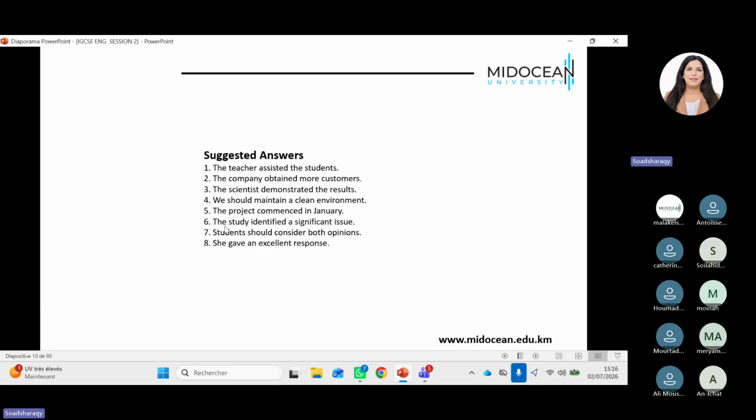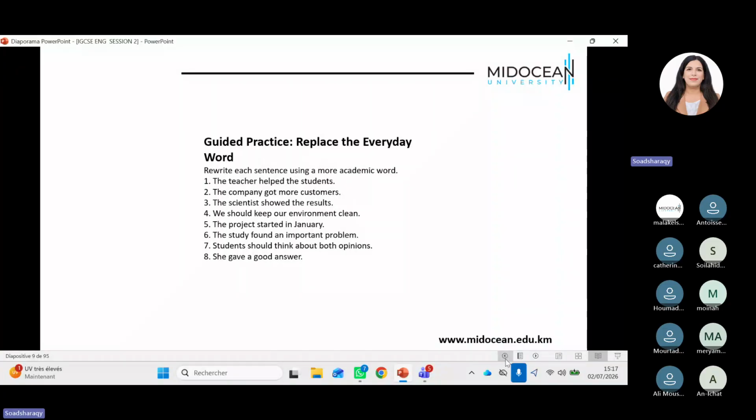Number 5, we can say: the scientist demonstrated the results. We should maintain a clean environment. The project commenced in January. So 6, the study identified a significant issue. Sentence number 7, students should consider both opinions.